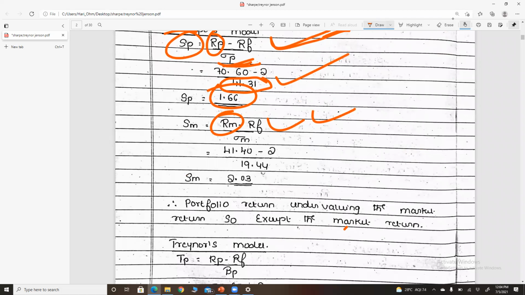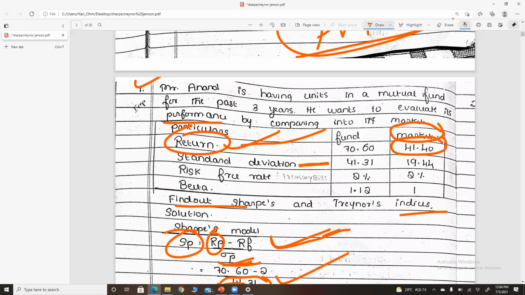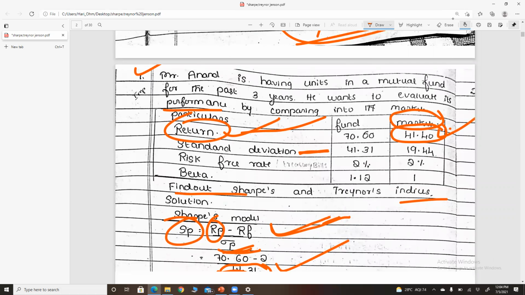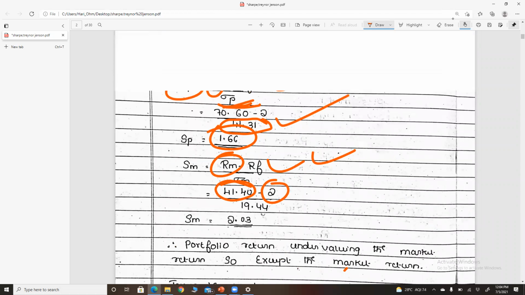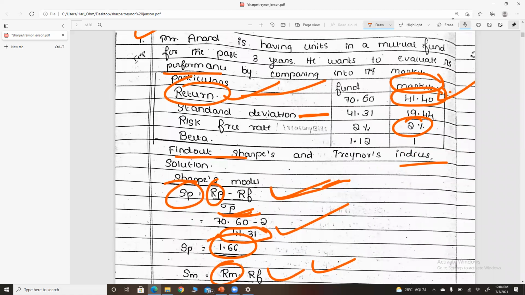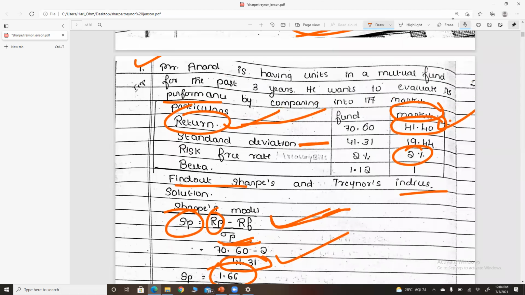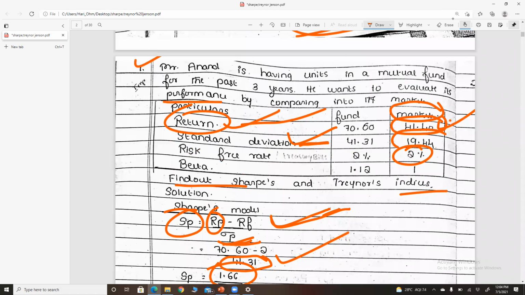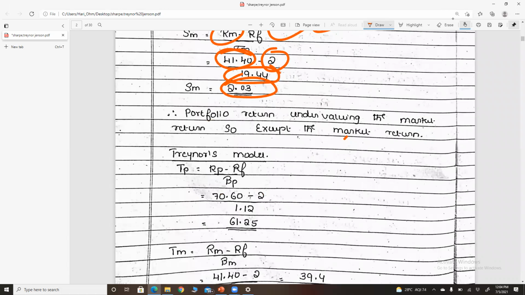Now what is RM? RM is nothing but the return of the market, that is 41.40, minus 2, that is the risk-free asset, 2%, then divided by 19.44. What is that? 19.44 is the standard deviation of M, the market. Is it clear? So the answer is 2.03.